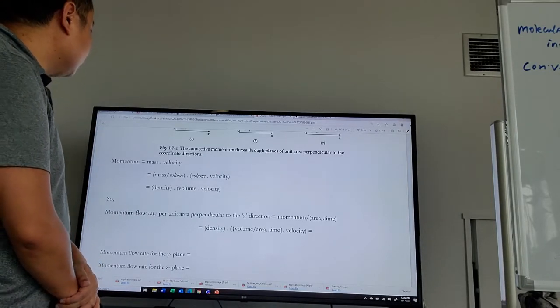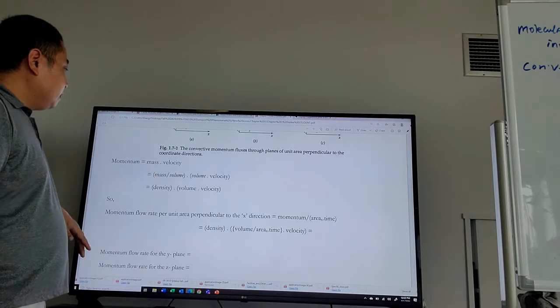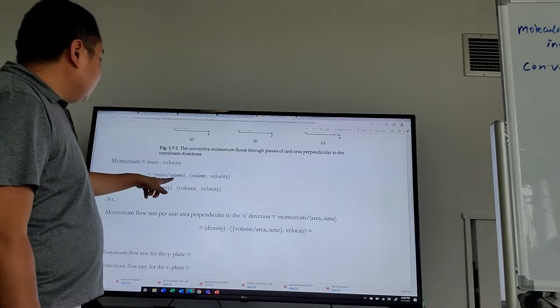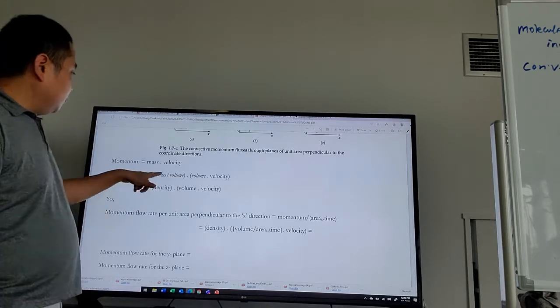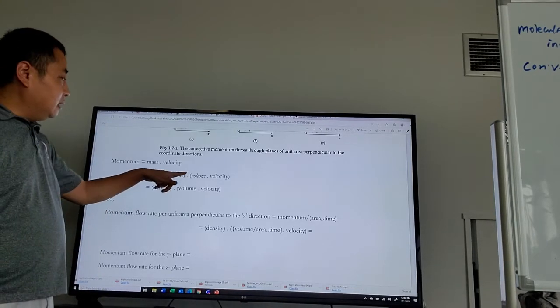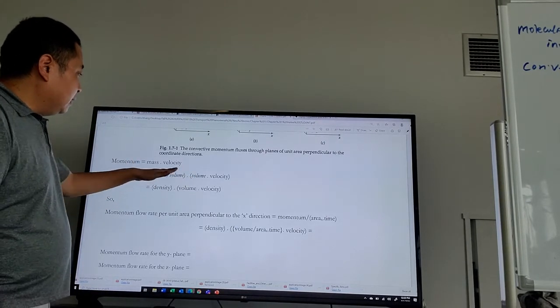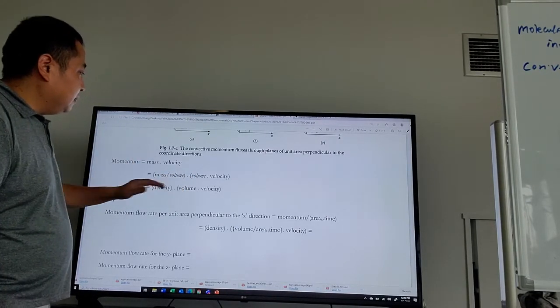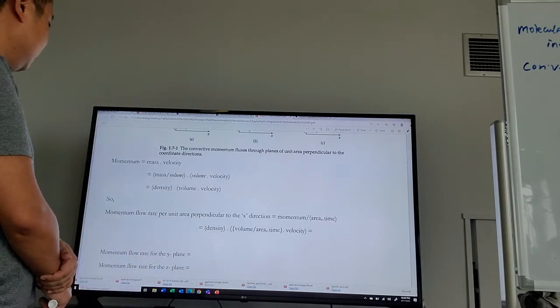Mass divided by volume gives us density, right? So you multiply by volume and divide by volume, so it's still the same. Then the left becomes density, and you have volume multiplied by velocity.